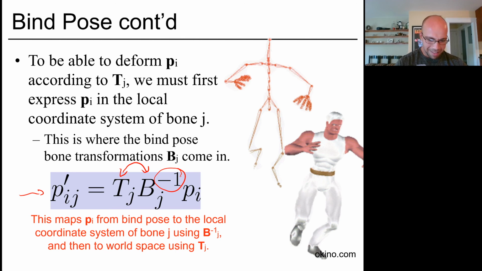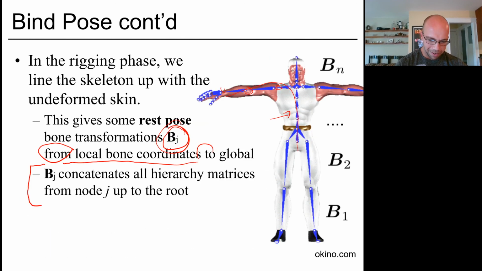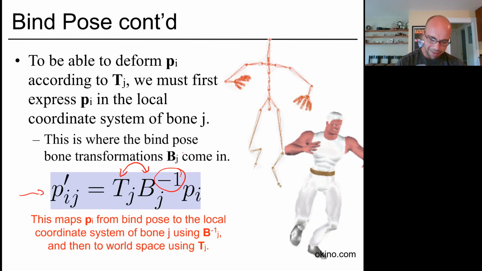Notice I was very careful to tell you that B goes from local bone coordinates to global, right? So B inverse goes from global to local. And then T goes back out to global, but in the deformed pose. So these are in the right order. If you're wondering, your instructor always gets this kind of stuff wrong, so you're in good company if your code has a bug.